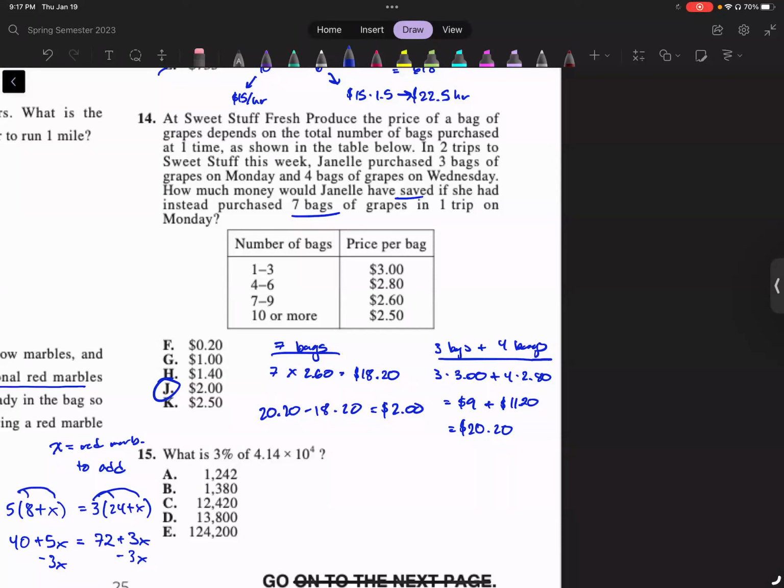Subtract 3X on both sides, and rearranging quickly, 2X equals 72 minus 40. 2X is equal to 32. Divide by 2, X is equal to 16.